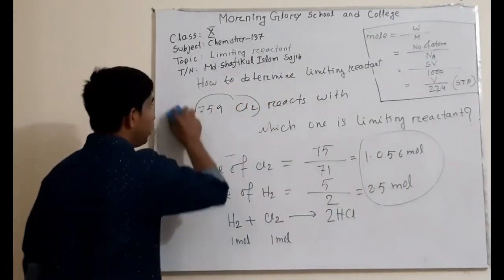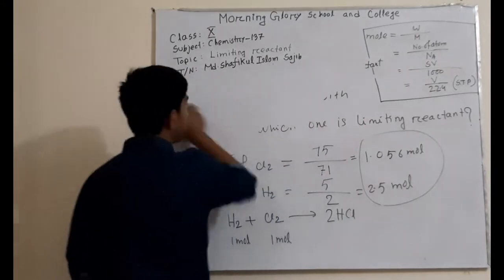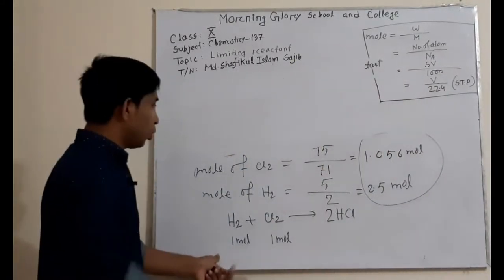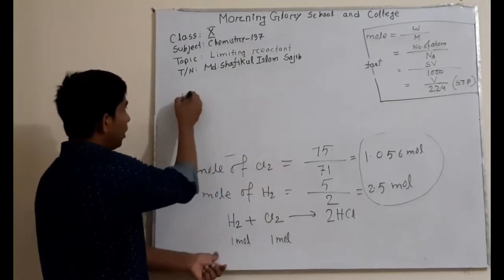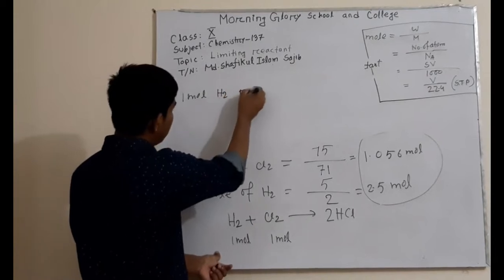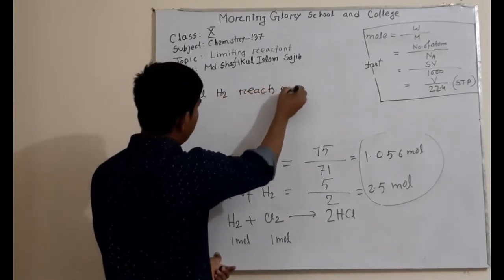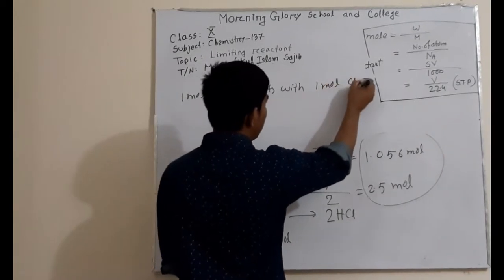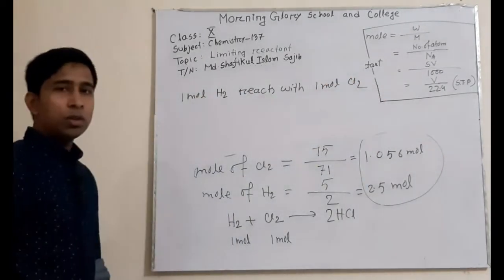Now, from the reaction we can write 1 mole hydrogen reacts with 1 mole chlorine.